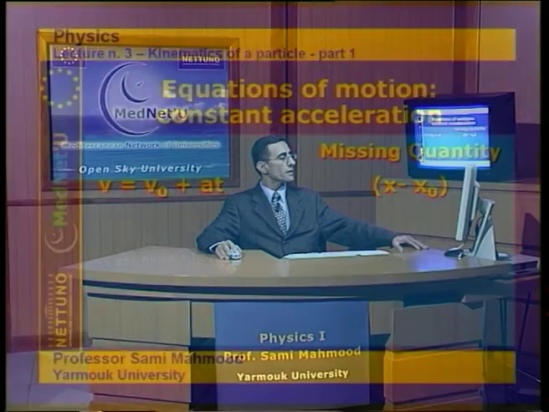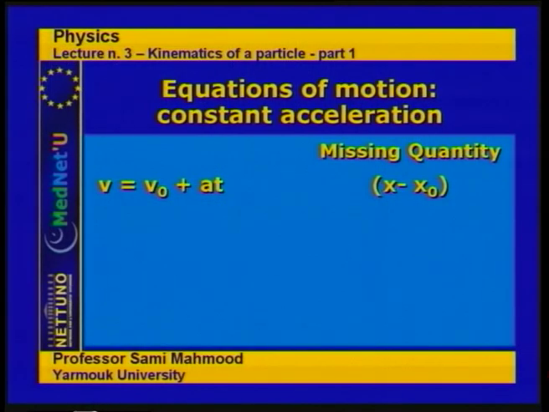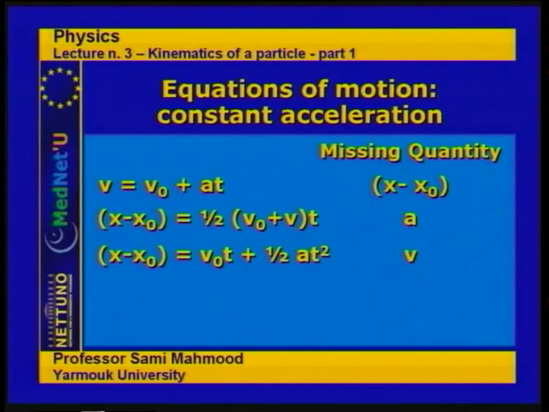The first one is the one that we derived from the definition of the acceleration. And the second one is from the definition of the average velocity. The third one is obtained by substituting for v in between these two equations.